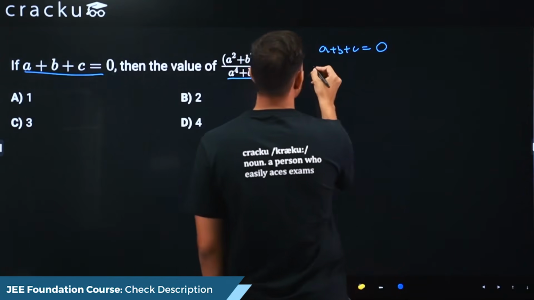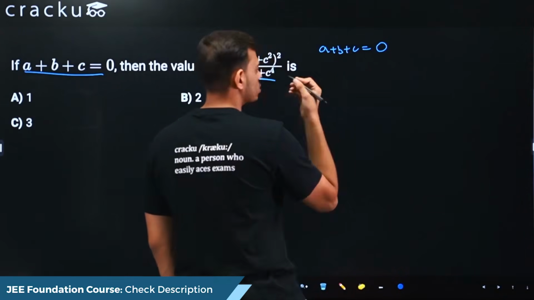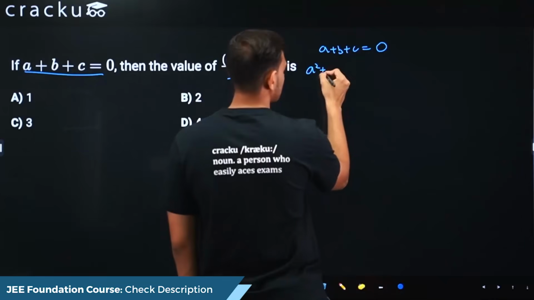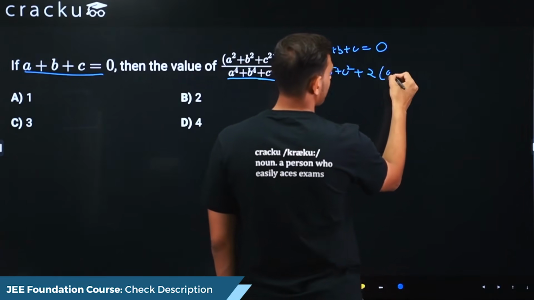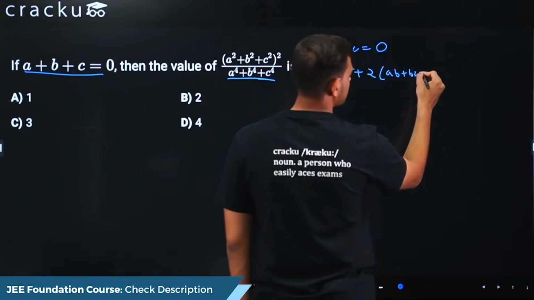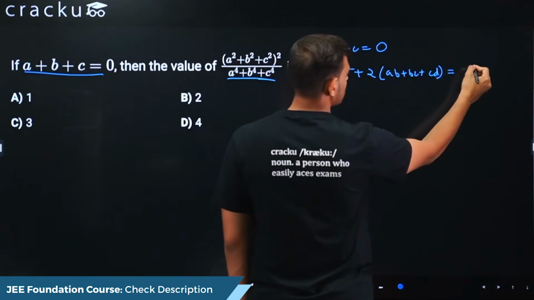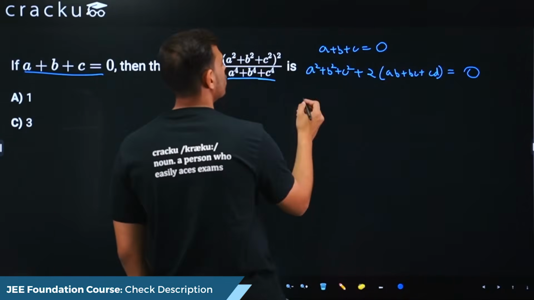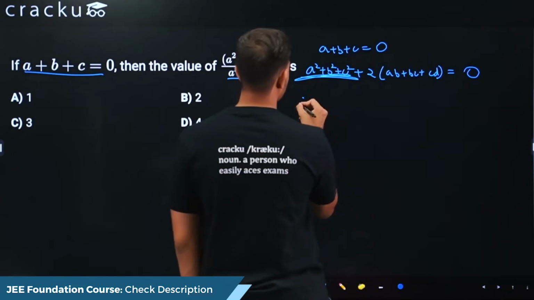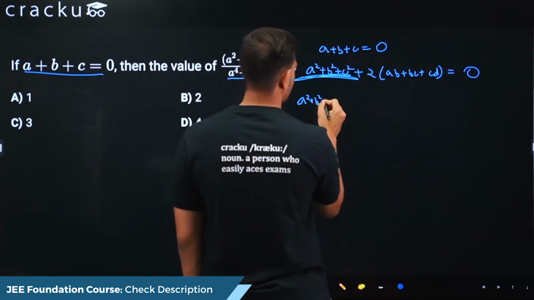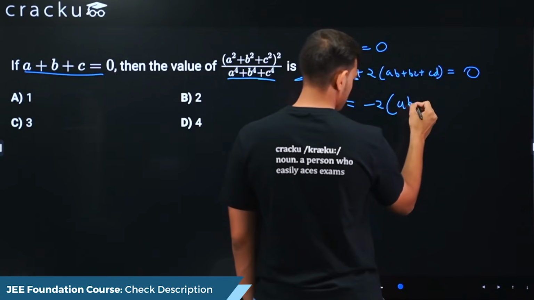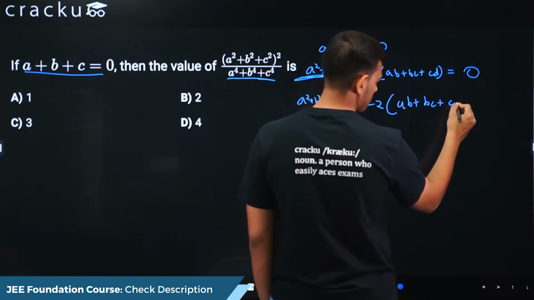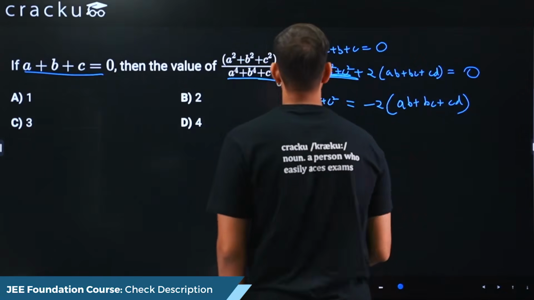So squaring both sides gives us (a plus b plus c) whole square, which is a square, b square, c square, plus twice of (ab plus bc plus ca), equals 0. So the value of this comes out to be minus 2 times (ab plus bc plus ca). Okay.